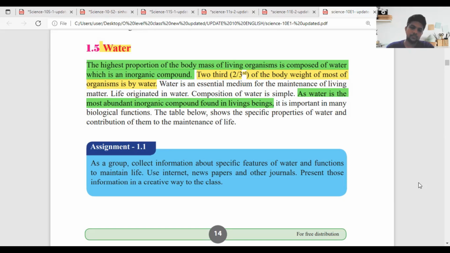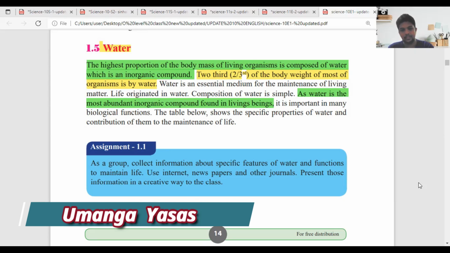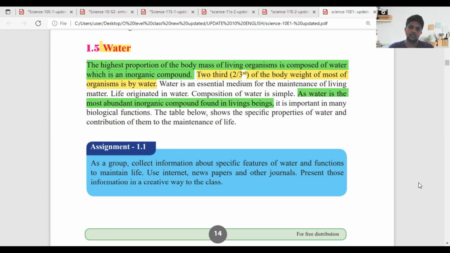The composition of water is simple, as water is the most abundant inorganic compound found in living beings. It is important in many biological functions. The table below shows the specific properties of water and their contribution to the maintenance of life.